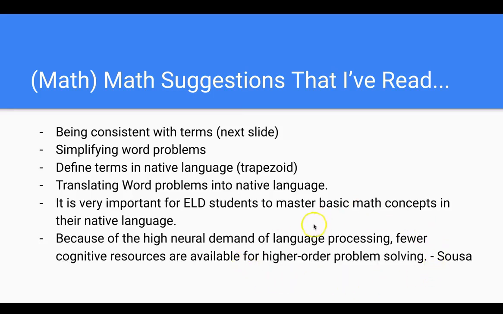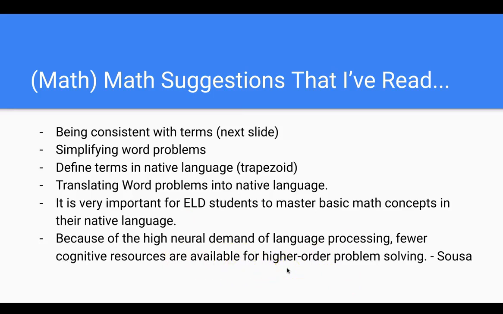I didn't realize this until I read it, but when a student is older, they learn second languages with more working memory, memorizing words and phrases, so that part of the brain is being used. They're trying to translate the math using their second language, but that means there are fewer resources available for higher order problem solving.